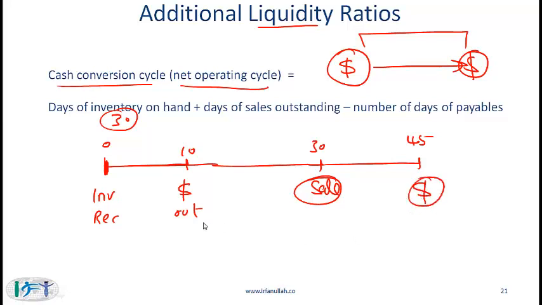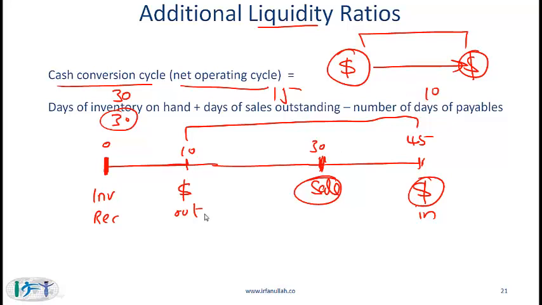The net operating cycle or the cash conversion cycle is the time period from here to here. What is that? If you look at the days of inventory on hand, that is this point to this point. So that is 30. The days of sales outstanding, that is equal to 15 from here to here, minus the number of days of payables, which is 10.